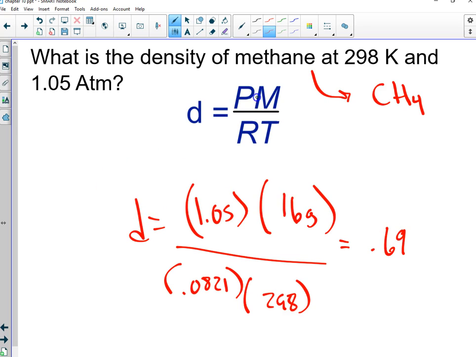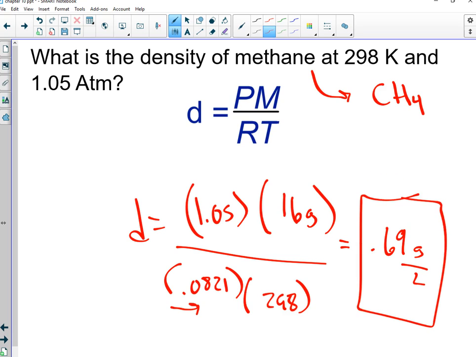The volume was always in liters, and there is liters here. These are grams per liter. When you do the density of the gas, it's not grams per milliliter, it's grams per liter. Not too bad, just plugging in, correct?